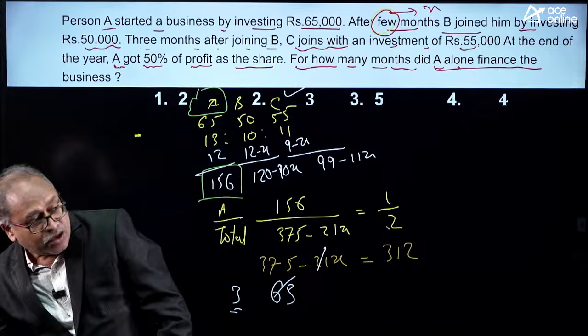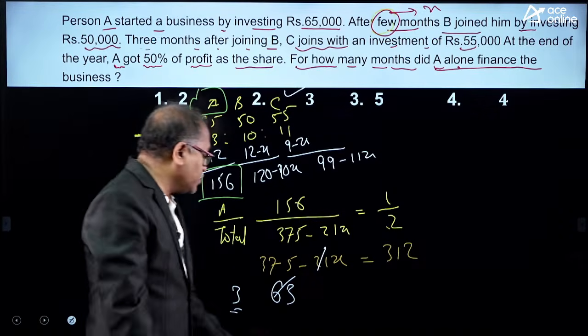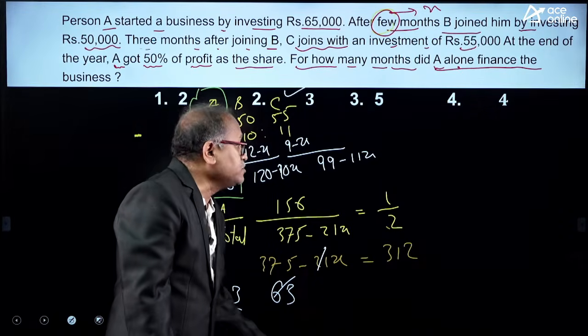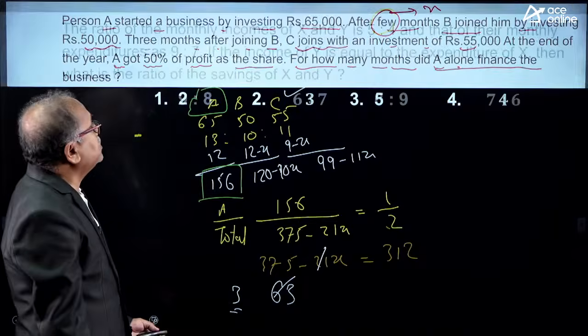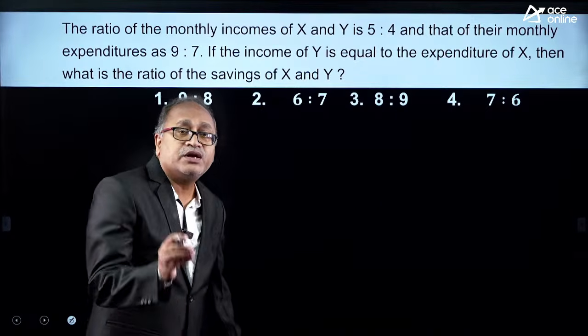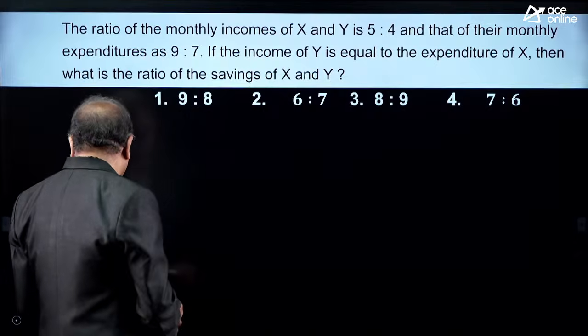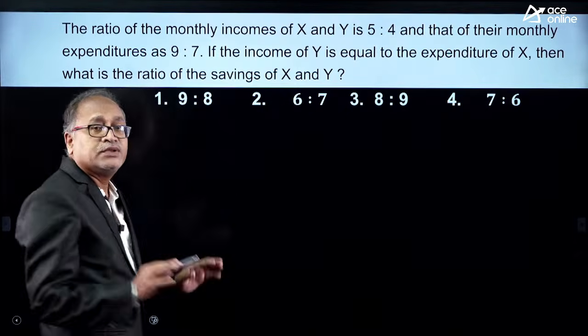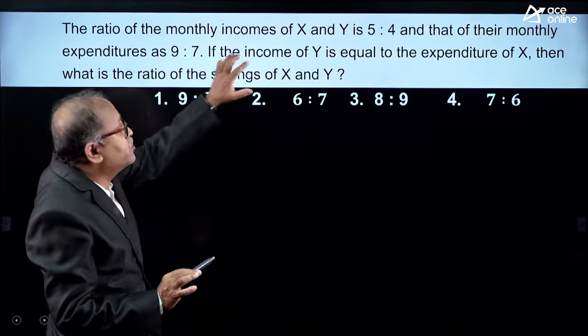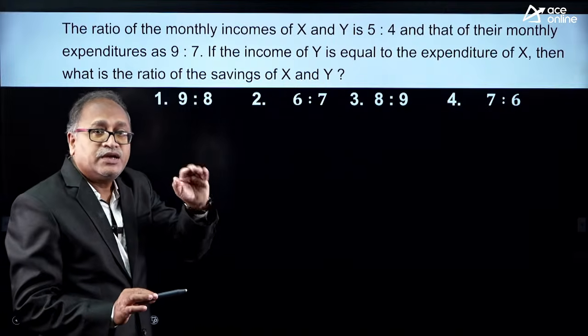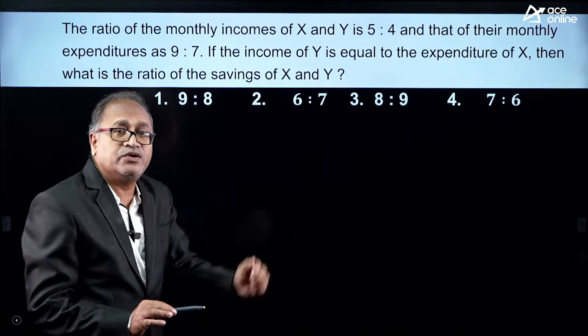Okay. Now I am moving on to the next question, a very frequently asked question in all the competitive exams, job competitive exams. Let all of us focus on that content, and then we go for the best possible solution.